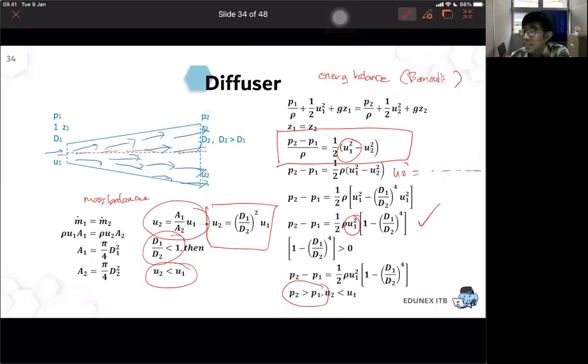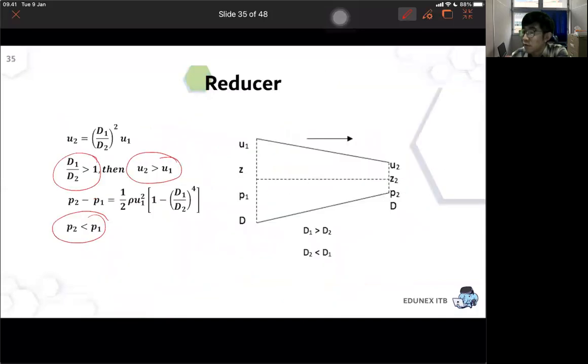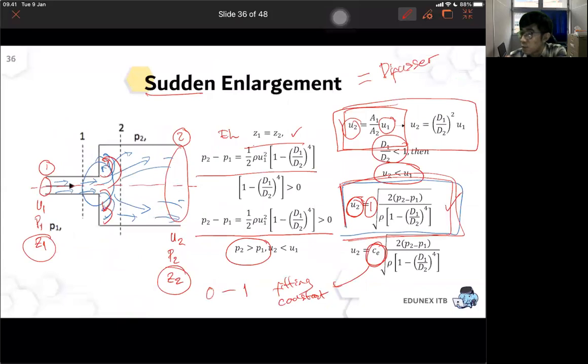And then you get U1 as the root of something. And then you replace U1 with U2 by using this one. Then you will have this one.